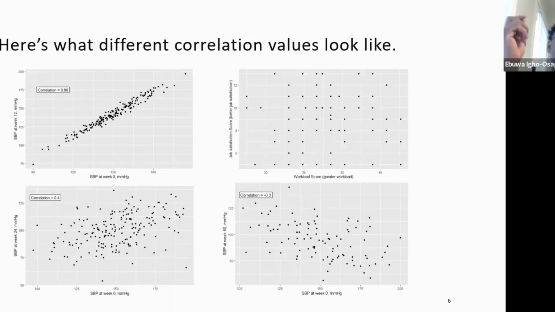Okay, good. So let me also tell you another thing that a correlation is not. Sometimes you can have different scales. You can see that this is SBP and this is also SBP. But imagine if it was SBP and money.